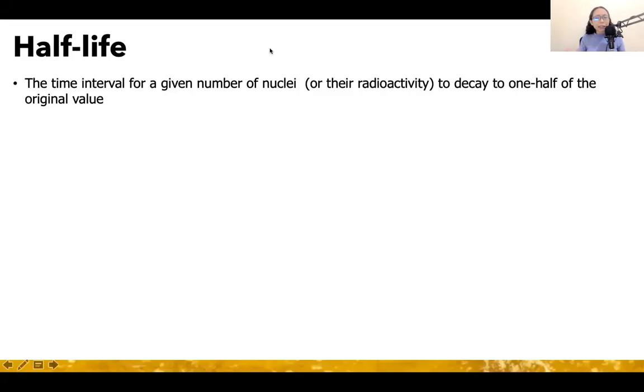Practicality-wise, it is actually more convenient to compute first for the half-life before you find the decay constant. A while ago, we saw how to use the equations to determine the decay constant, but in terms of practicality, it's better to compute the half-life first and then determine the decay constant from the half-life, whichever is more convenient based on the method that you used.